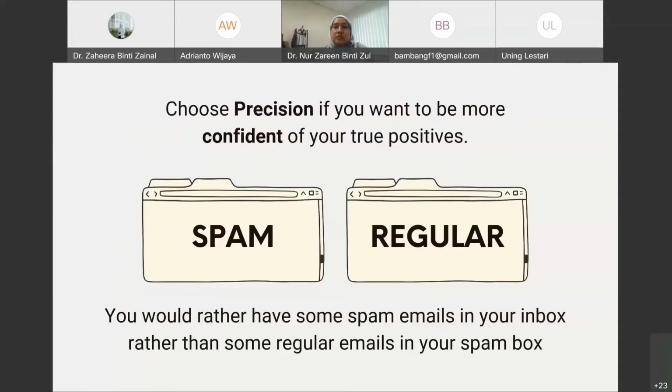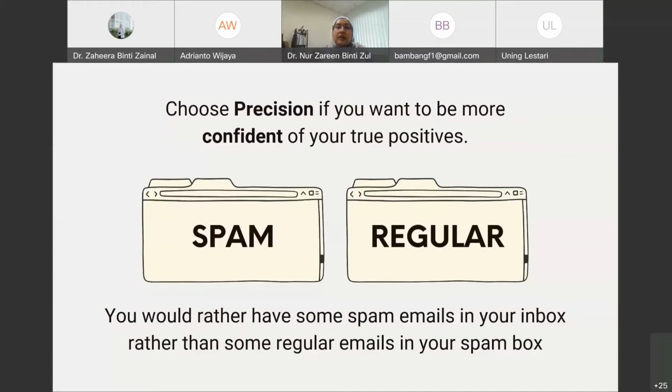Okay, so in the case of spam filtering, if you choose precision, it means that you want to be more confident of your true positives. So in the case of spam, if you talk about precision, you want to be sure it is a spam. If you're not sure whether it's a spam or not, you would rather it be a regular email.